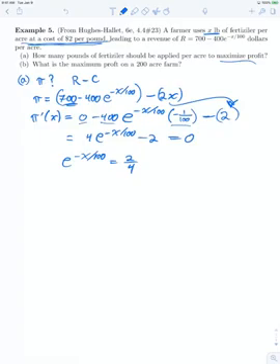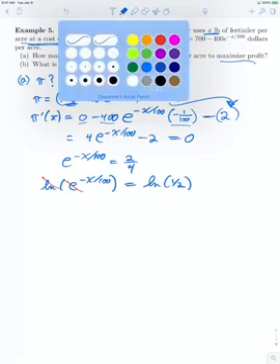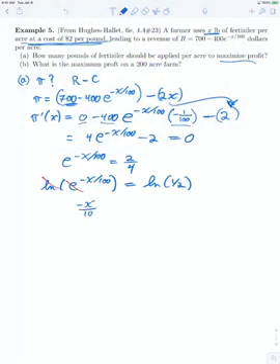We have an e, we have an exponent, and we're trying to solve for the exponent, so we should take the natural log of both sides. I always like to write that step out, but of course the action is on the left side where the ln and the e cancel. That leaves negative x over 100 equals ln of 1/2, and so x is equal to negative 100 ln of 1/2.